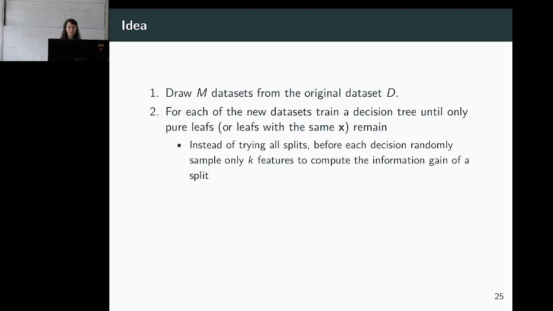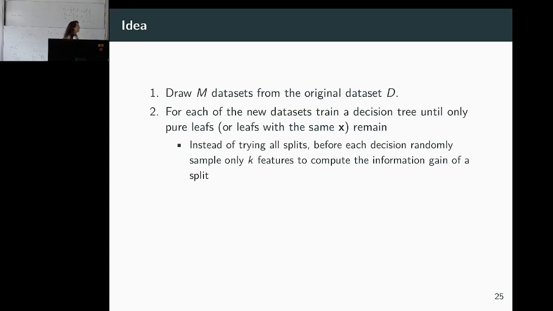And then, when you are splitting, instead of trying all possible features and all possible thresholds for each split, random forests do another trick. Not only bagging, but for each split, we randomly decide on which features we're going to ask.